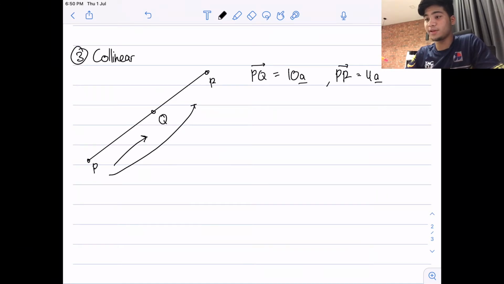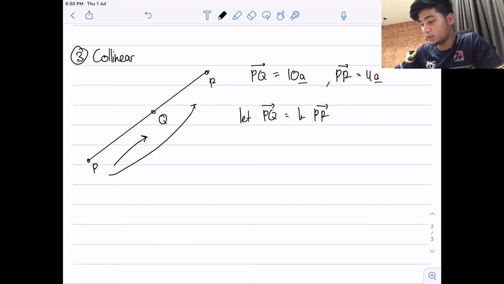But the working for this is basically by letting PQ equal k PR, because we want to prove that it is parallel, right? So then we just sub in the values. So 10a equals 4ka, right? That would mean that k would equal 5/2.